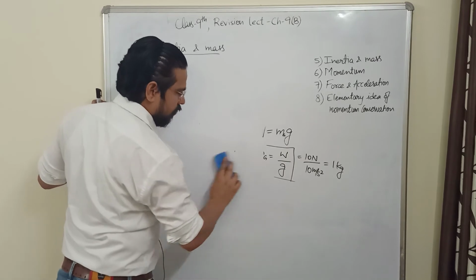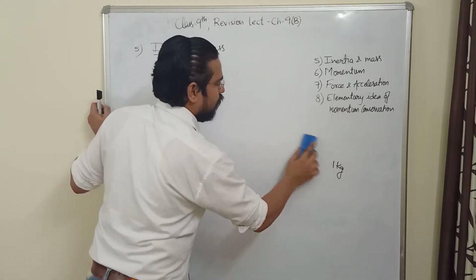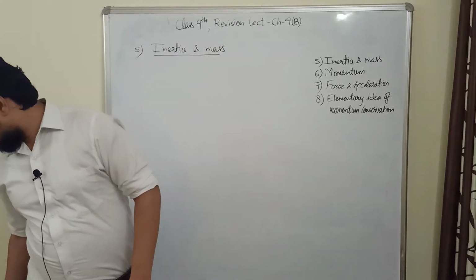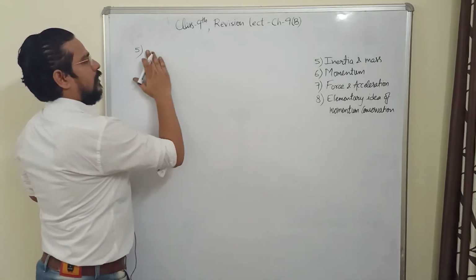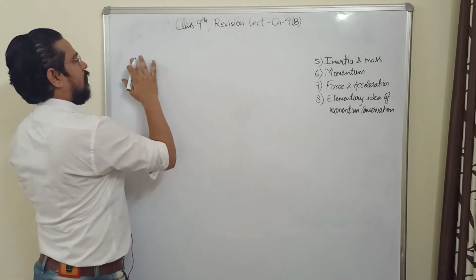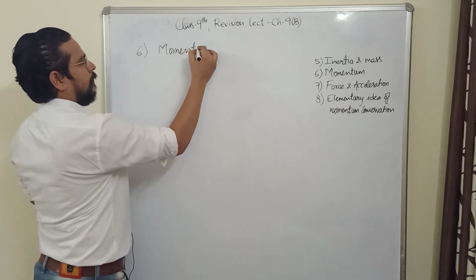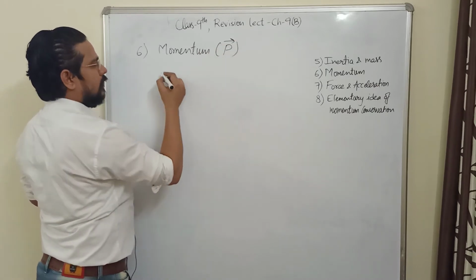Let us move to our next point, momentum, which is very important from the perspective of Newton's second law of motion, and we have already studied Newton's second law of motion. Momentum, we represent it by symbol P. It's a vector quantity.